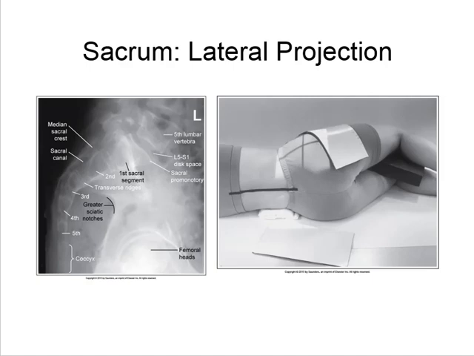If you happen to work somewhere where the protocol is separate exams for sacrum and coccyx, then you might want to consider that positioning as separate from each other. But if you shoot both on one lateral view, then your positioning is the center of the sacrum being 3.5 inches posterior to the ASIS.